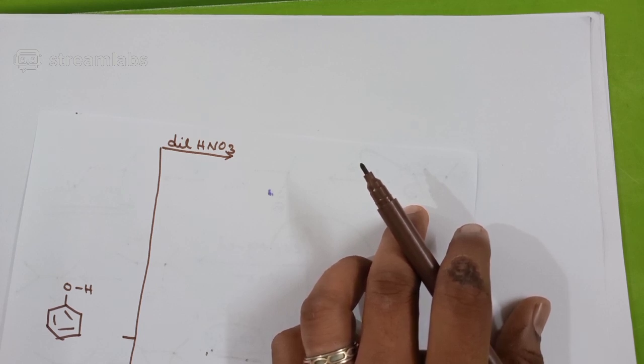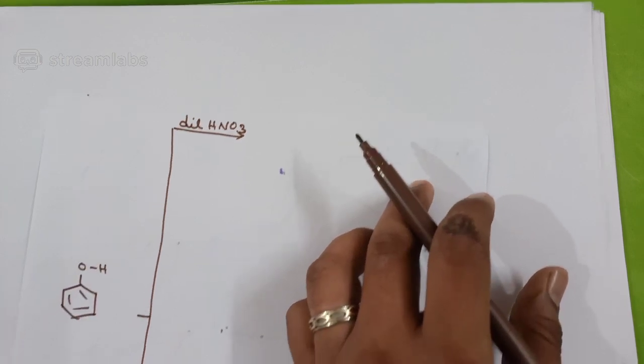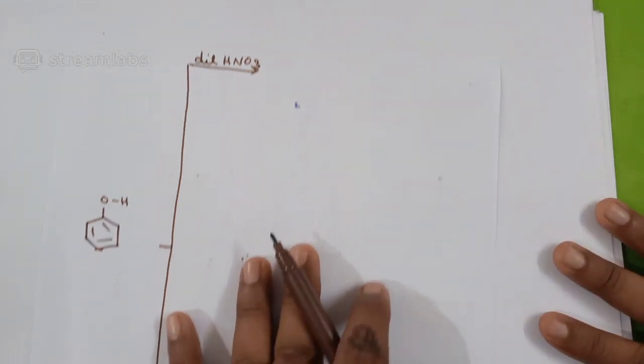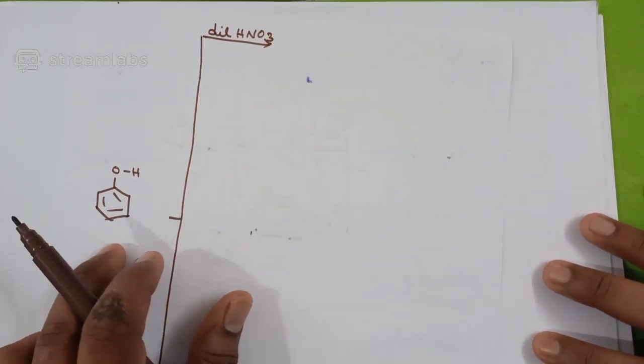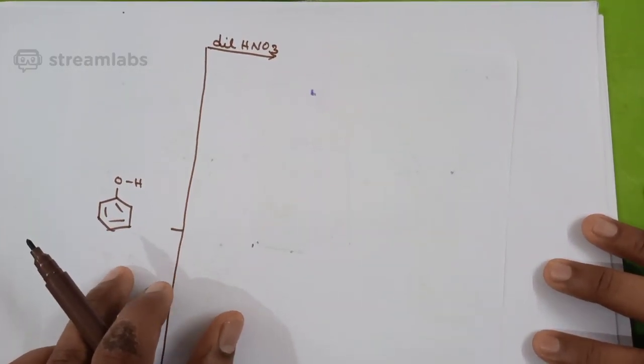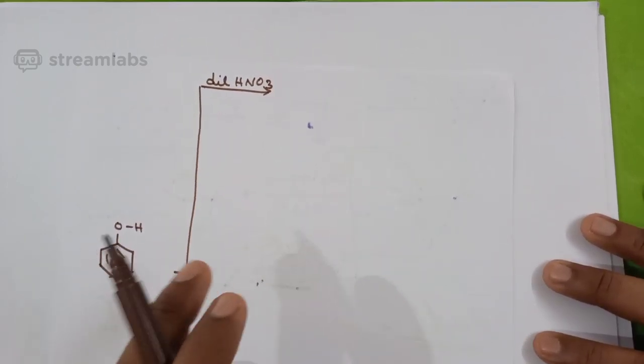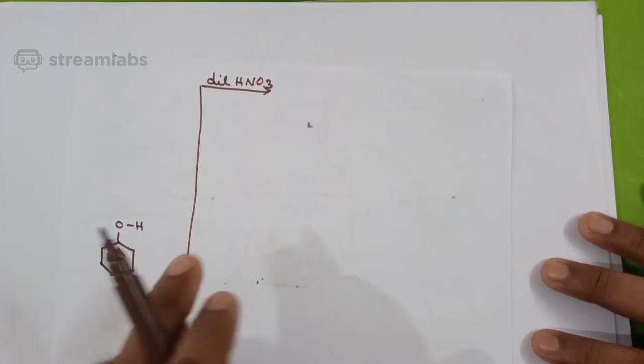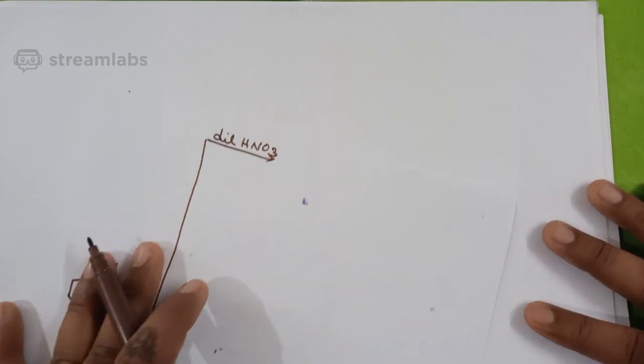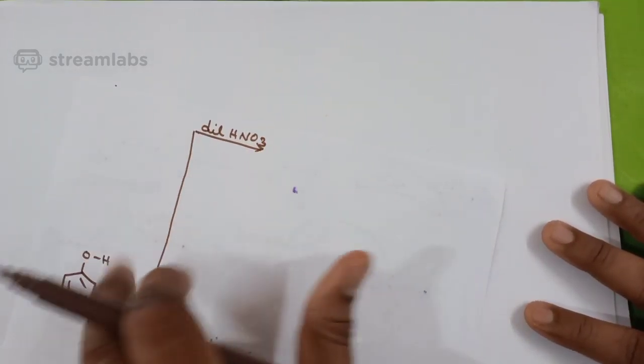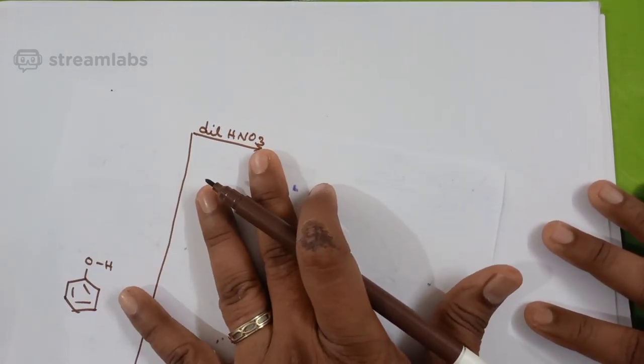But here we don't want any sulfuric acid. The reason, as I said earlier, is that phenol is more reactive than benzene. Benzene requires some reagent to give the electrophile, but here no further reagent is needed. It reacts directly with a reagent like nitric acid.